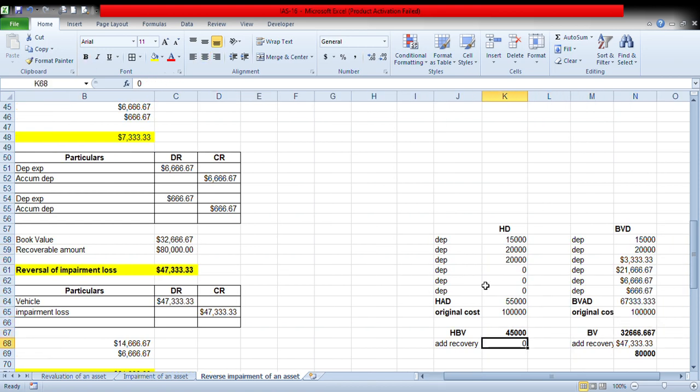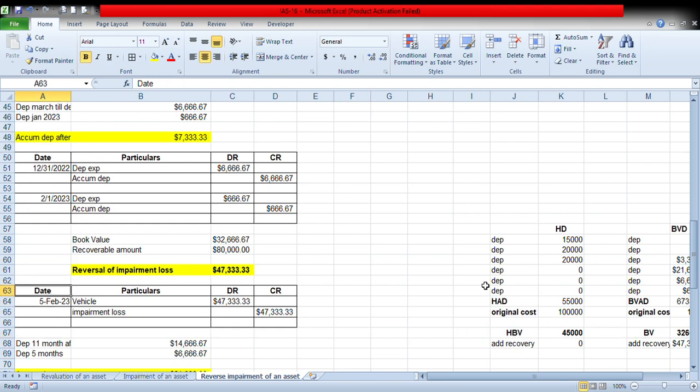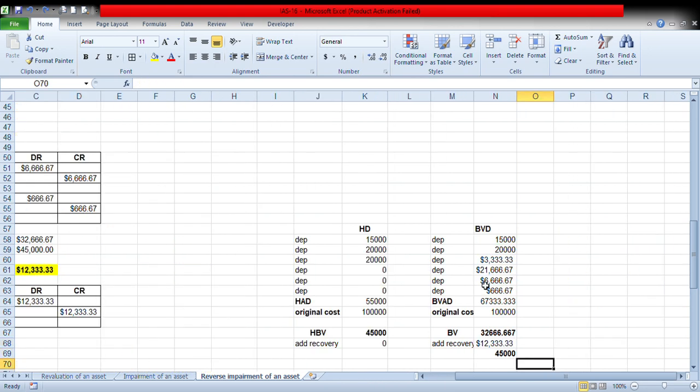It exceeds the historical book value. We can't do that. Understand? So that's why we have to take only 45,000. That's the point.